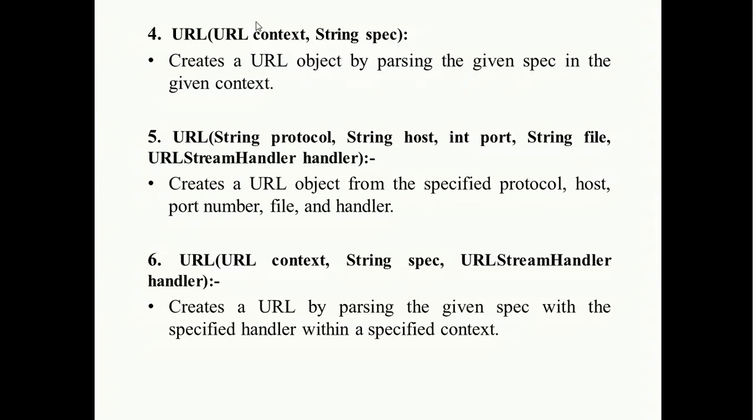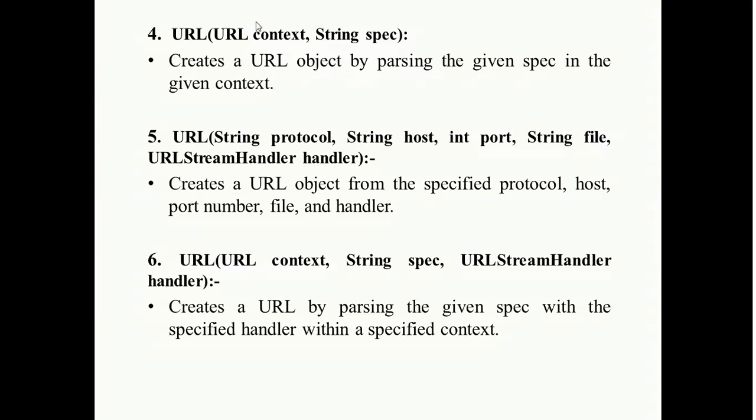Fifth constructor is URL string protocol, string host, int port, string file and URL stream handler. This constructor creates a URL object or instance from the specified protocol, host, port number, file and handler. And last one, sixth constructor is URL having parameters URL context, string specification, URL stream handler.